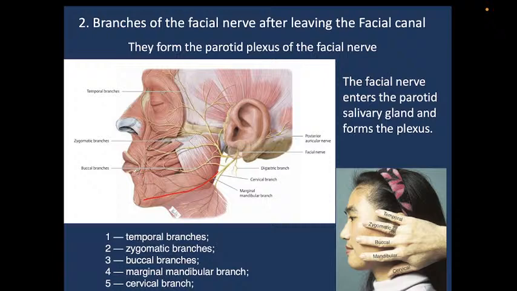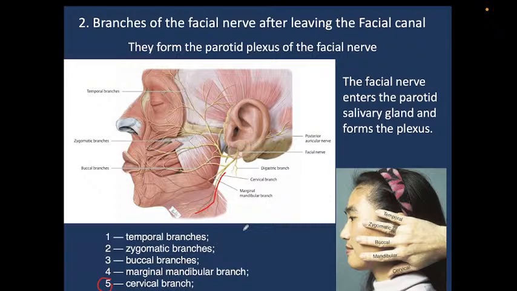They connect to the lips and oral angle, etc. And the fifth branch of the parotid plexus is called the cervical branch. The cervical branch is responsible for innervation of the platysma.